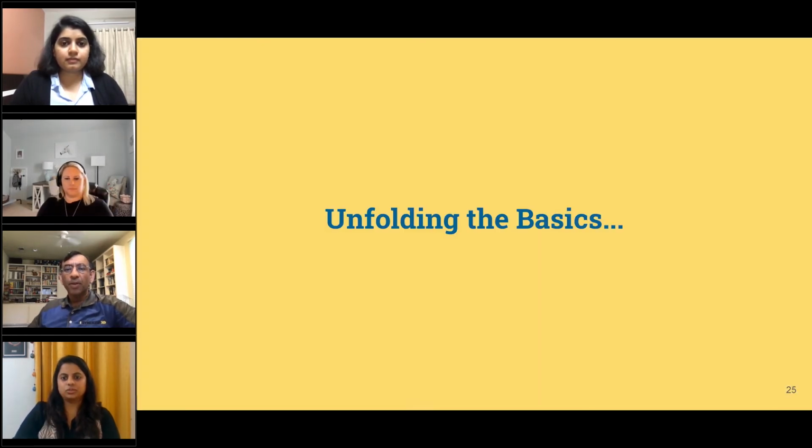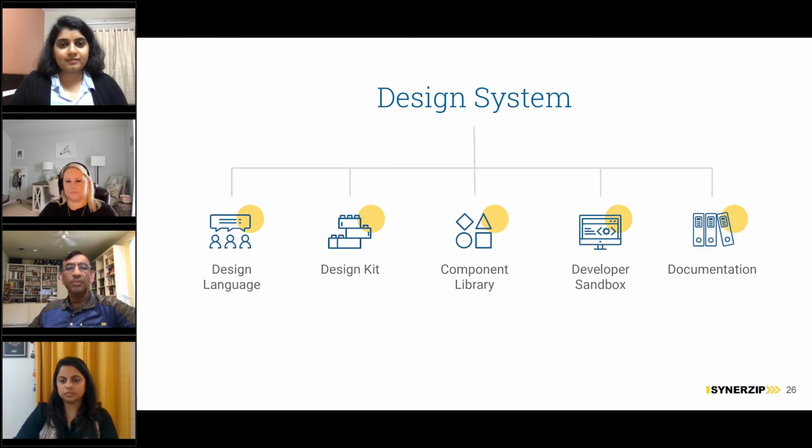Okay. So I think we've talked enough about the business effects and the benefits of a design system, and let's get to the basics of understanding what a design system is now. A design system comprises five elements. First is a design language. Design language is basically setting up a foundation for your design system.